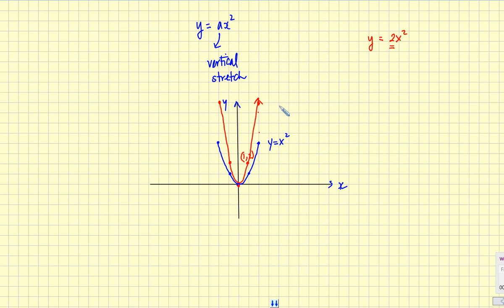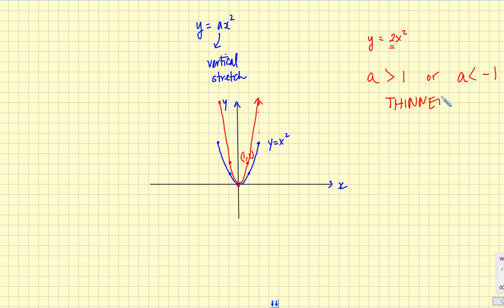Now, as you can see, the graph has stretched vertically. So what does the rule basically tell us? The rule basically tells us that if your value of a is greater than 1, or if your value of a is less than -1, your graph gets thinner.